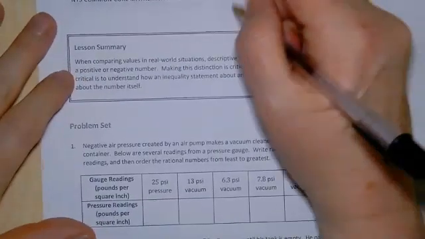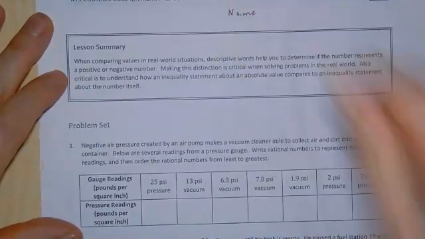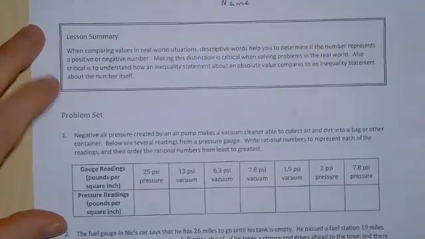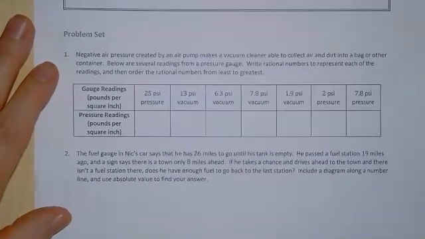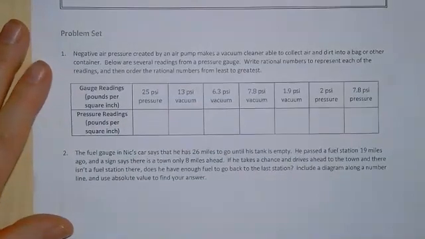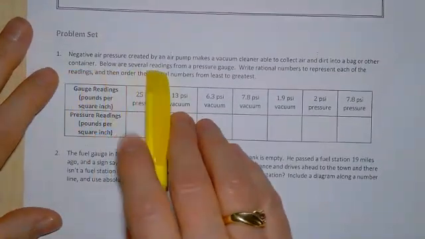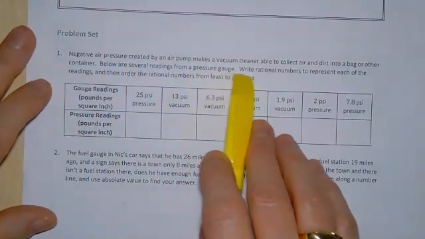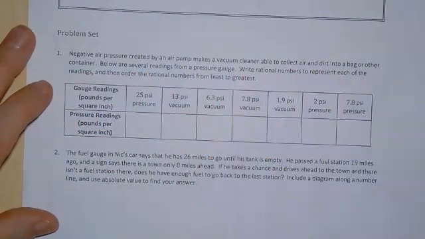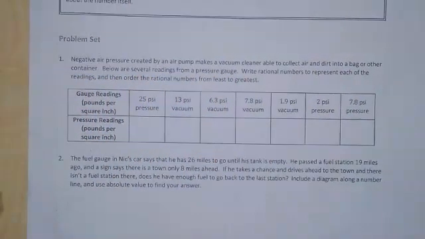You're going to do this. Tear off the last page, put your name up here. Problem set. Here's what we got. Negative air pressure created by an air pump makes a vacuum cleaner work. So when you vacuum something, you're actually taking out air.